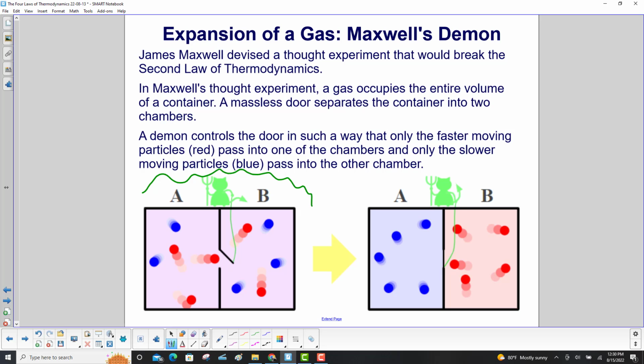A massless door, right here, separates the container into two chambers, A and B. A demon, hence the name Maxwell's demon, controls the door in such a way that only the faster moving particles, the red particles, pass into one of the chambers, and only the slower moving particles, blue, pass into the other chamber. So here's all the blue coming over here, and all the red, the faster moving ones, going over there, controlled by this guy here.